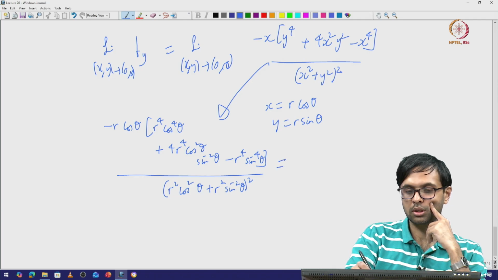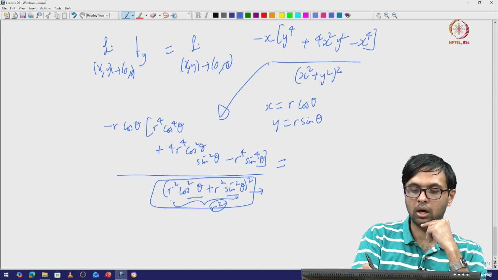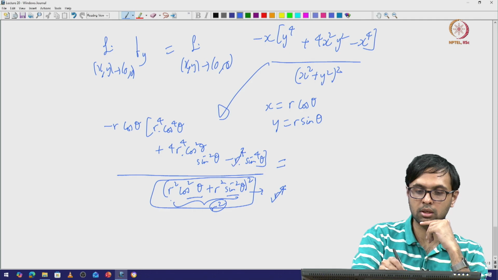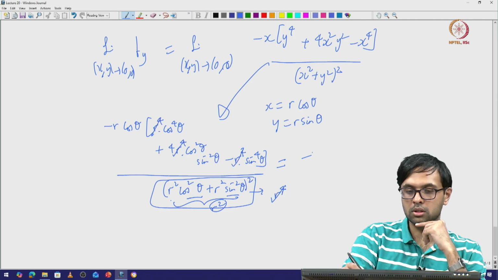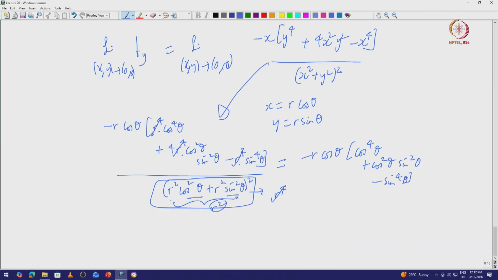What is this? cos square theta plus sin square theta is 1, so this entire thing is simply r square. So this raised to 2, the denominator is therefore r raised to 4. You can pull out the r raised to 4 from here and cancel it out. So this is minus r cos theta times (cos raised to 4 theta plus cos square theta sin square theta minus sin raised to 4 theta), right?